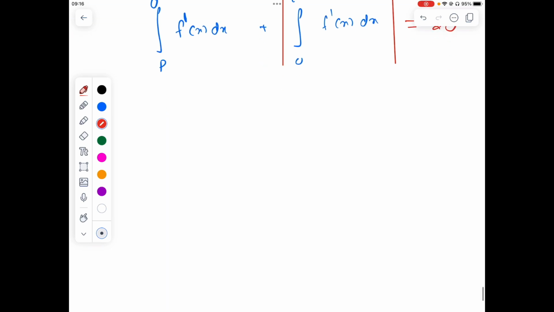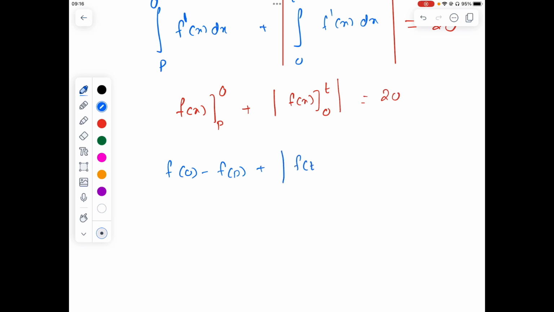So f of x from p to 0 plus f of x from 0 to t should be equal to 20. Now plugging in, that will become f of 0 minus f of p plus f of t minus f of 0 should be equal to 20.